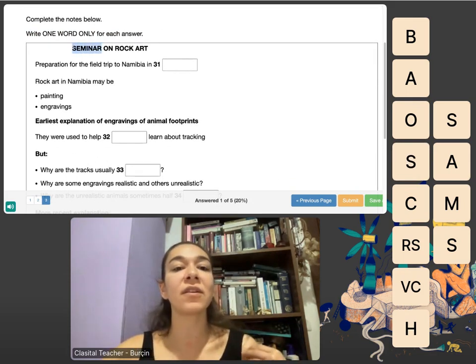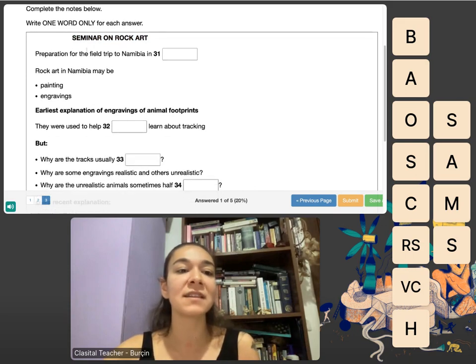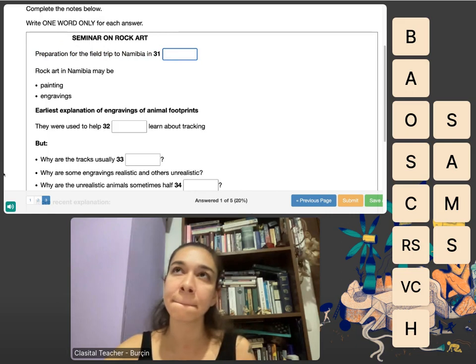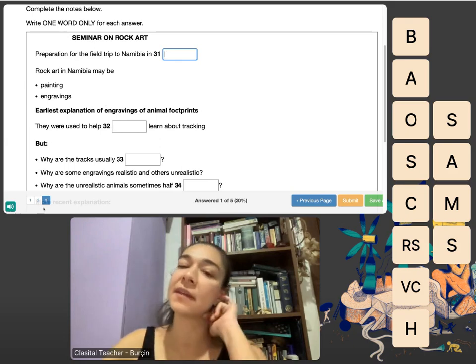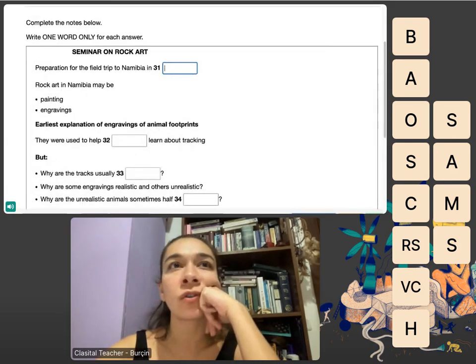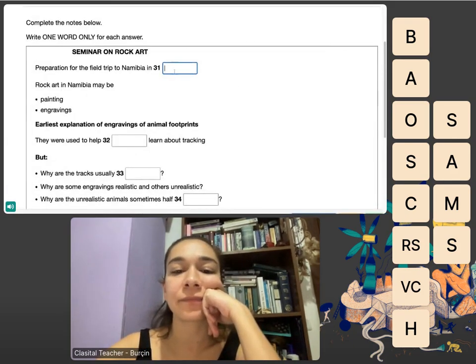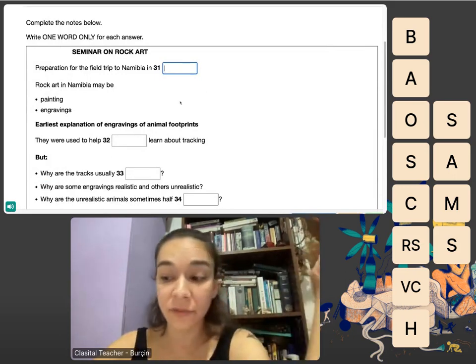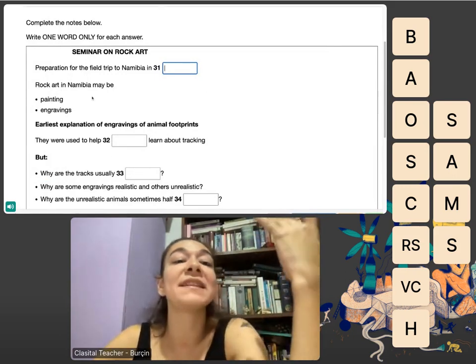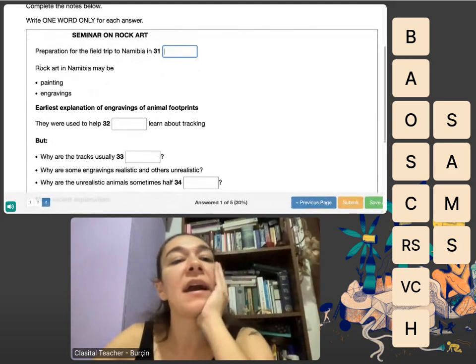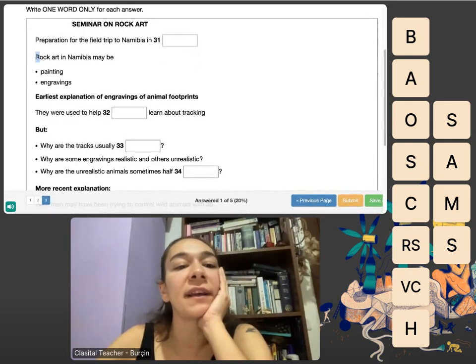It says seminar on rock art. It says preparation for the field trip to Namibia, at school on Monday in 1994. So maybe it will be a time. And it says rock art in Namibia, maybe painting or engravings.